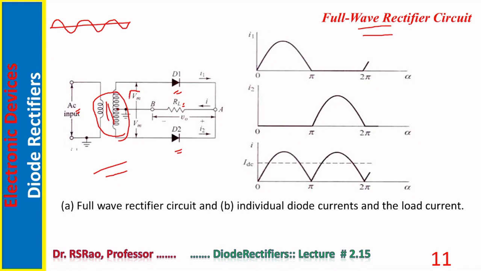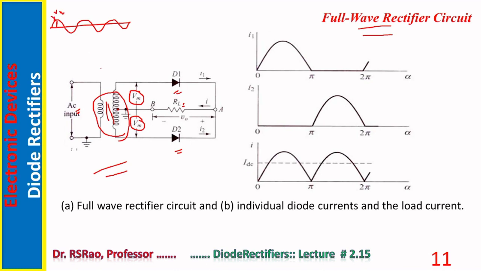So voltage that appears in the upper half of the transformer and voltage that appears in the lower half of the transformer on the secondary side are exactly the same because of this tap at the center, and let us suppose their amplitudes are Vm.